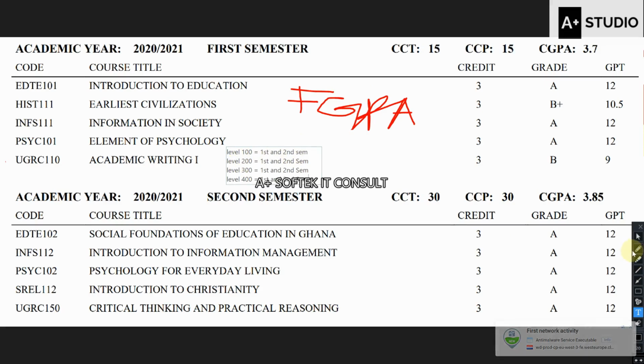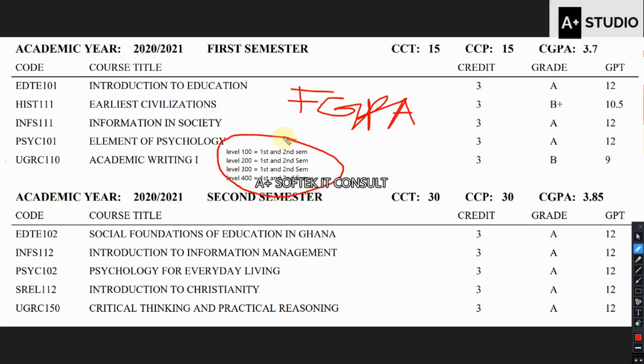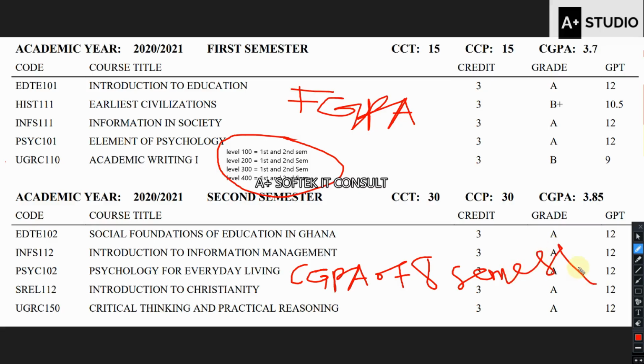GPA needs to be calculated for all of these particular semesters, and then we find the CGPA of 8 semesters, which is equal to FGPA.